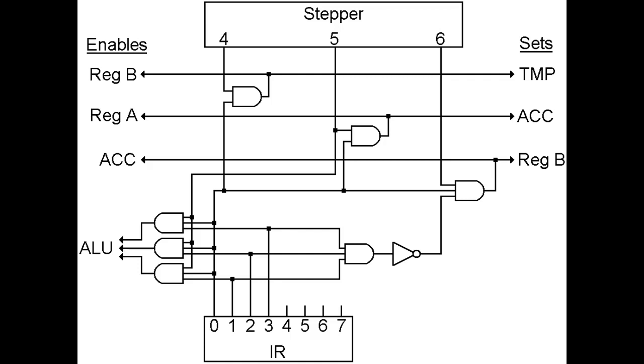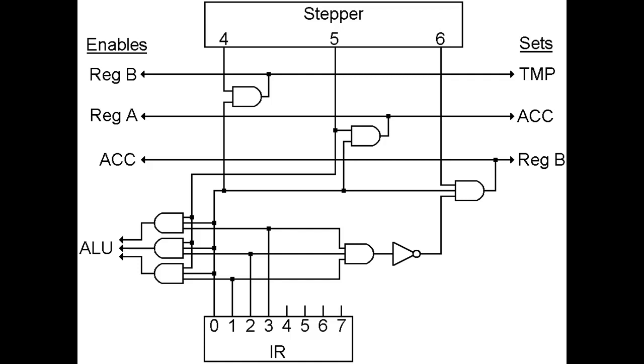And on the right, the gates there are used to make sure that what we are doing in step 6, which is setting the result of the accumulator in reg B, doesn't happen when we are doing a CMP operation, because it doesn't produce a result.